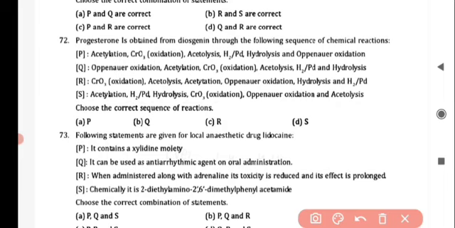R is CrO3 oxidation, acetolysis, acetylation, Oppenauer oxidation, hydrolysis and H2-Pd. Next is acetylation, H2-Pd, hydrolysis, CrO3 oxidation, Oppenauer oxidation and acetolysis. Now choose the correct sequence of reactions. So the correct answer is option A, that is P.